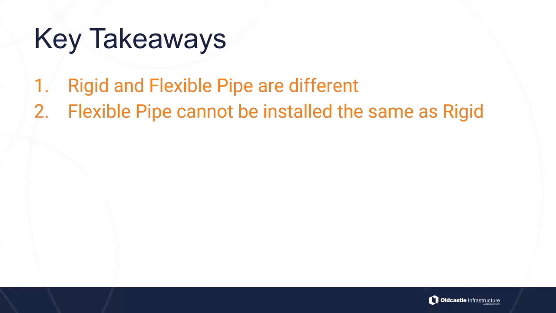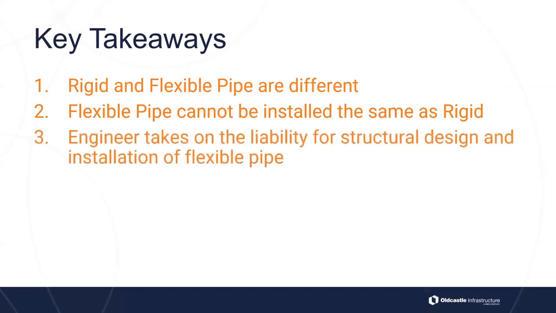And the third and probably the most important takeaway for my engineering friends, and something that I didn't learn until I started researching this and reading these specs and learning more about the differences between rigid and flexible pipe, is this. And I'm hoping this sticks with you and that it helps you at some point in your career to protect you. The design engineer, you are the engineer, takes on the liability for structural design and installation of flexible pipe.